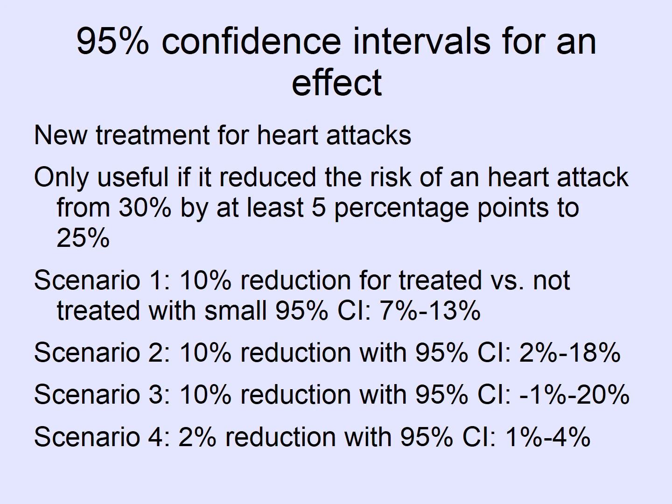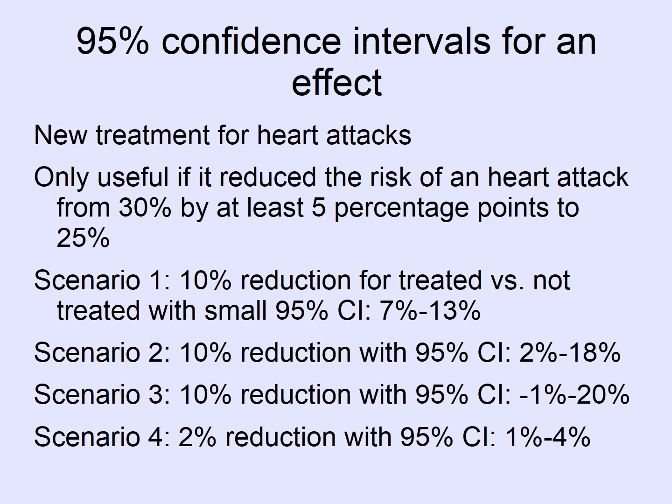So you're feeling good about this treatment, that you have a lot of evidence that it's effective. Scenario 2, you have a good point estimate at 10%, but the confidence interval is wider. And as a matter of fact, it goes below 5%. So the point estimate is the way you want it, but with the confidence interval, you're thinking you need more studies.